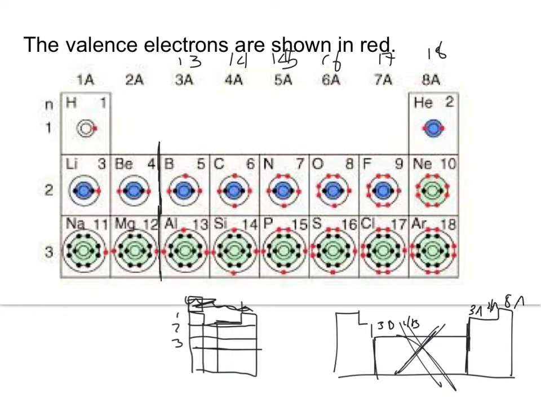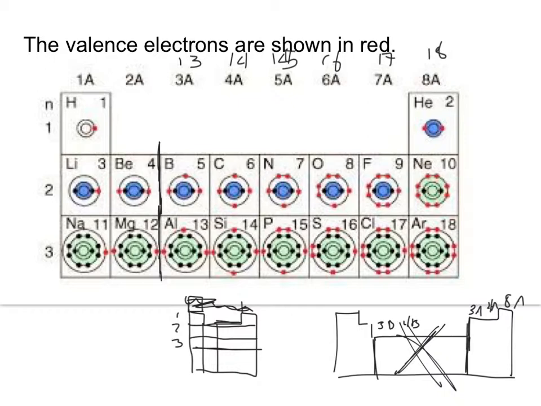Okay. And so notice that the number of valence electrons, the number of little red dots on that outermost circle, always matches up with this number here. So all of these have 1 valence electron. All of these have 2 valence electrons. These all have 3. And then this one is the one that's kind of weird.